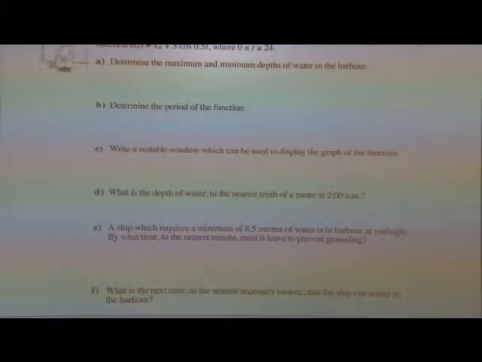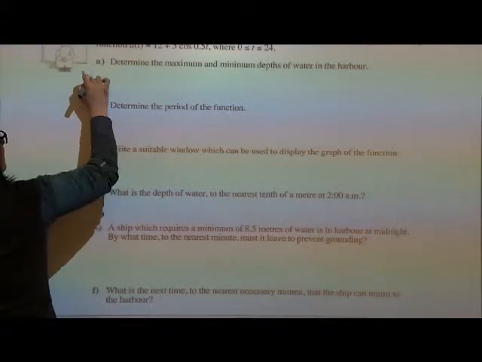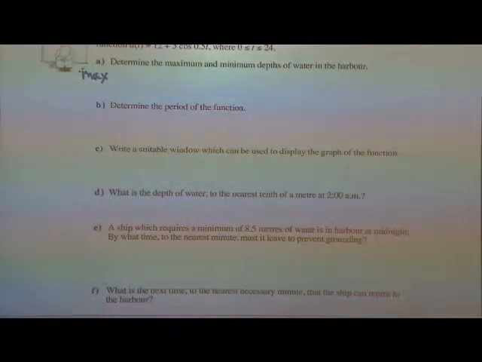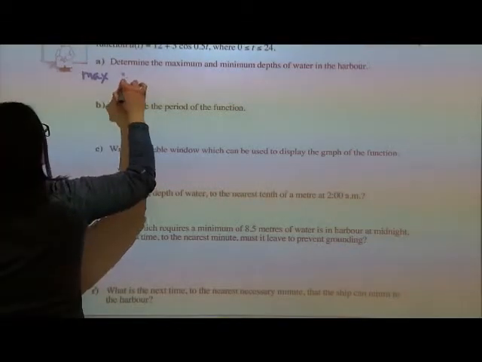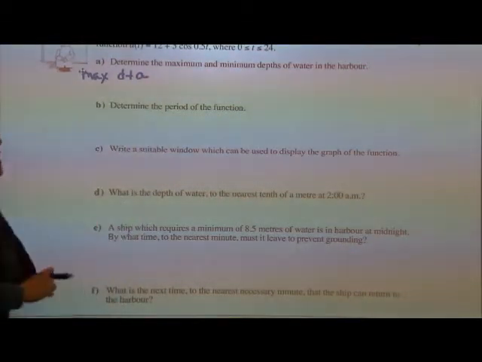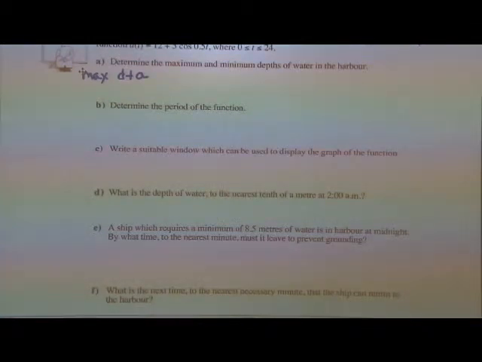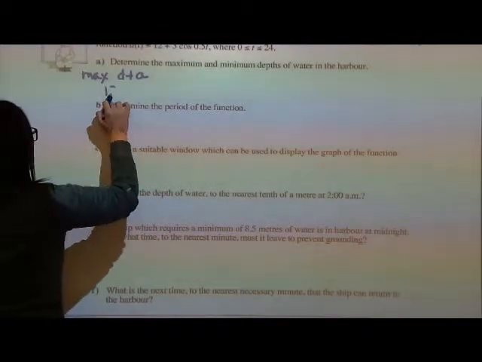From the last section, how did we calculate the maximum value of the function? How do we find max? D plus A. So in this function, what's the value of D? 12, even though it's written at the front.